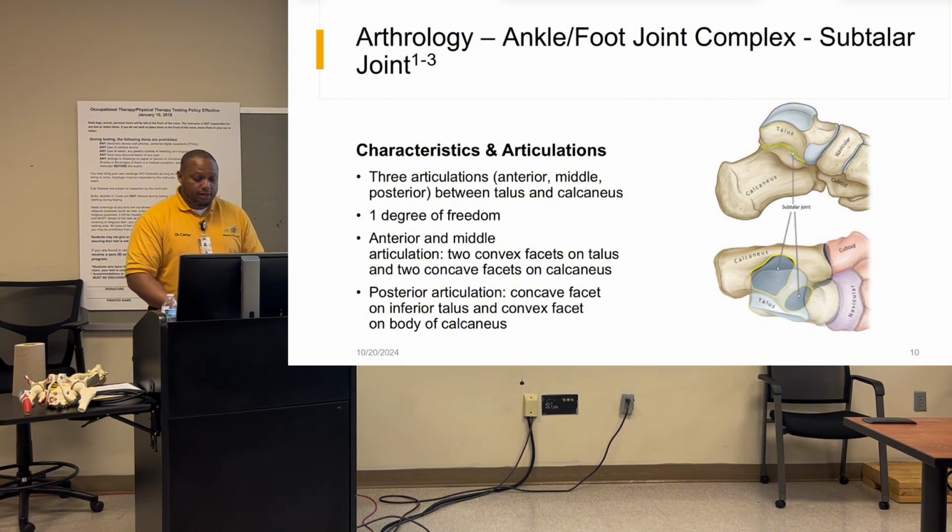On the anterior and middle articulation, there are 2 convex facets on the talus and 2 concave facets on the calcaneus. In the posterior aspect, there is a concave facet on the inferior talus and a convex facet on the body of the calcaneus. So here's some images right here.